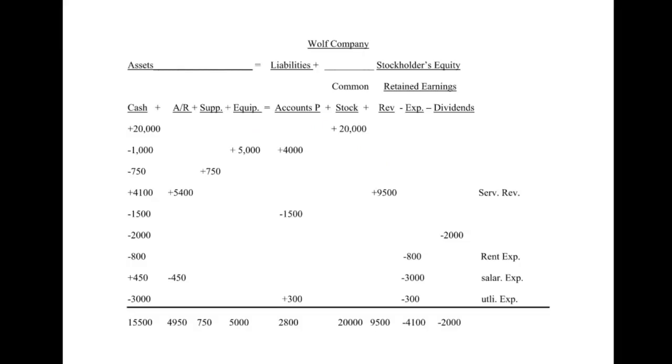If we go back to the previous page, we can see that they had three types of expenses: a rent expense, salary and wages expense, and a utilities expense for $800, $3,000, and $300. So we plug those in to get total expenses of $4,100. For the net income, we take our service revenue, subtract the expenses, and if it's a positive number, then we had a net income. In this case, it was a net income of $5,400.